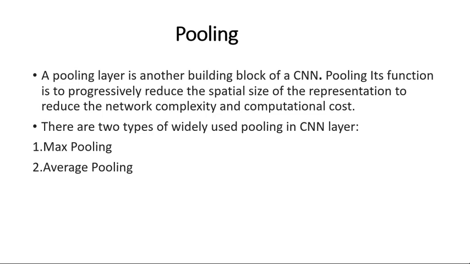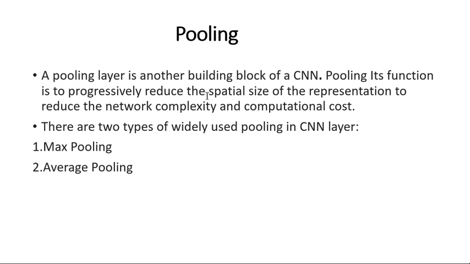So we have to downsample the image, and we can use the concept of pooling so that features are not missed and we can retain them without computational problems. So pooling is another building block of CNN.